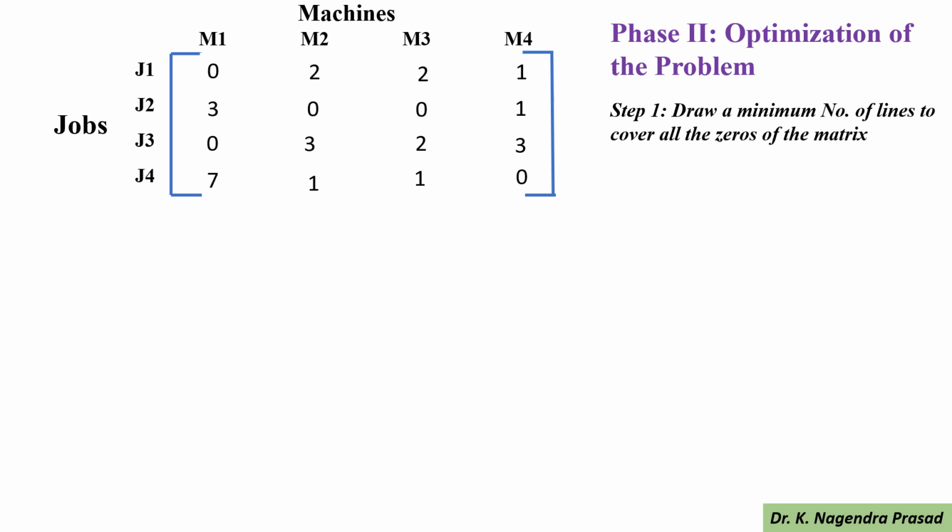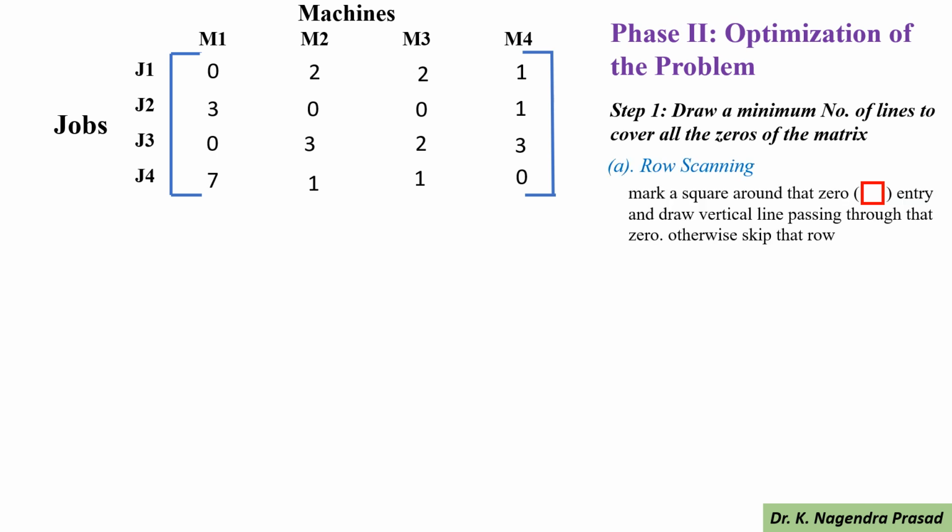Next we will go for phase 2, that is optimization of the problem. In phase 2, the first step is to draw a minimum number of lines to cover all the zeros of the matrix. For this, go for row scanning and start with the first row.